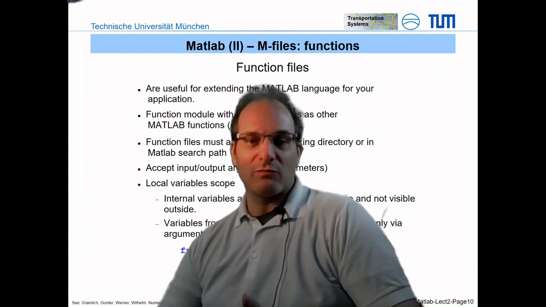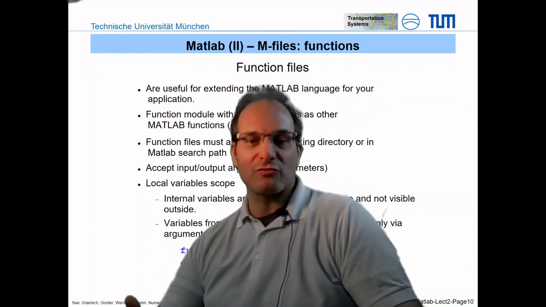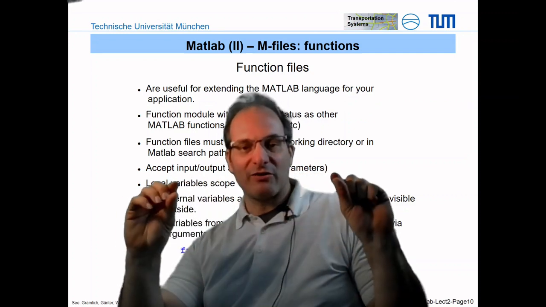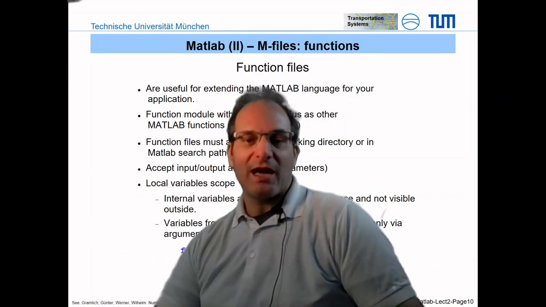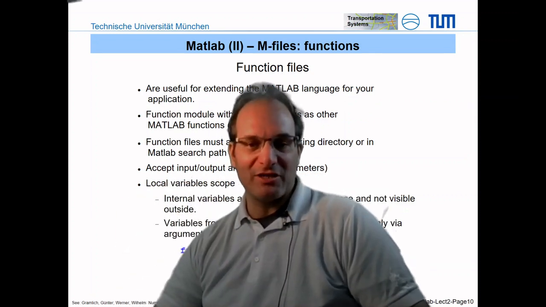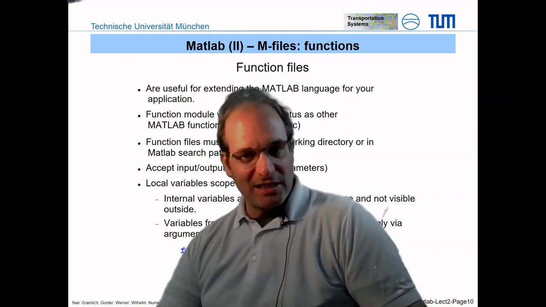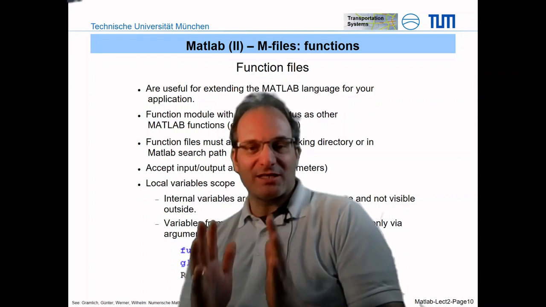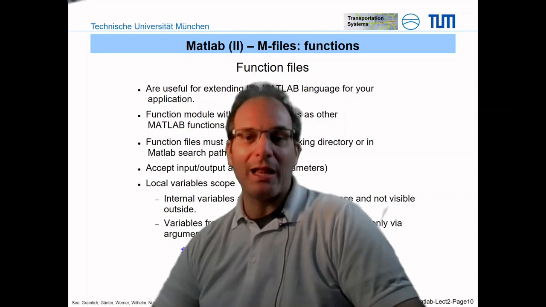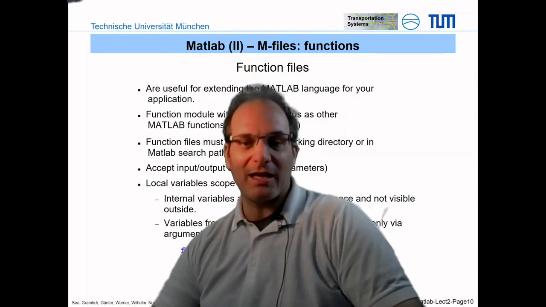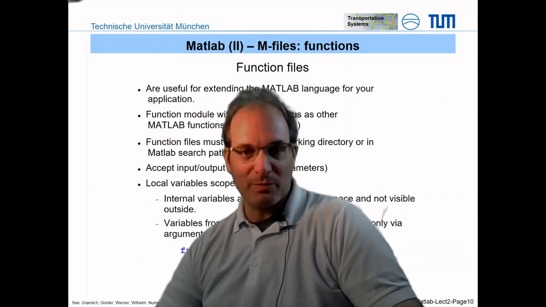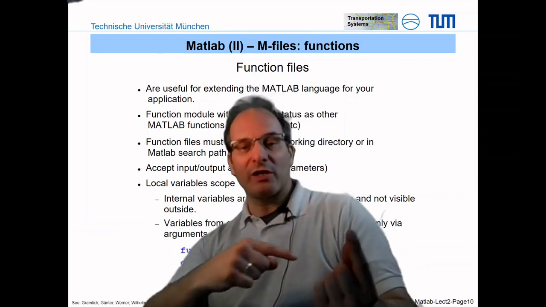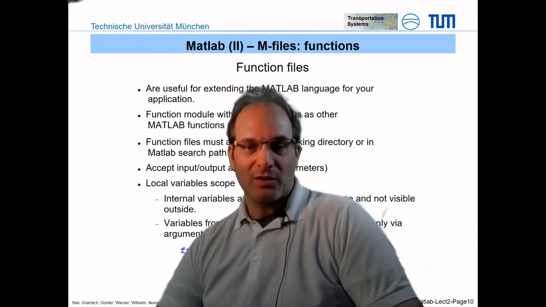And everything that happens inside of this function body, so you have this function header and you have this function body, everything that is inside of this is just inside. So if you create now a matrix inside of this function, it will not be available in the external memory, in the workspace, until you return it with the return values.